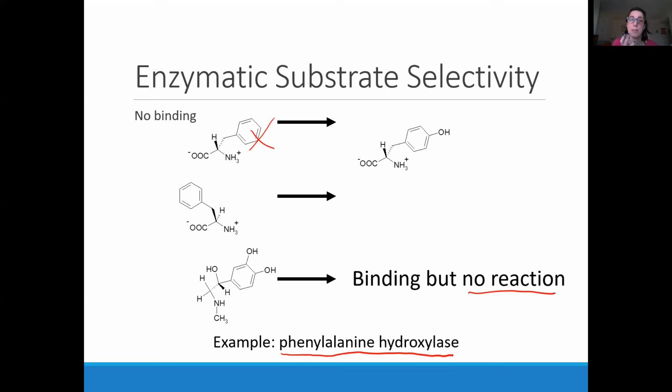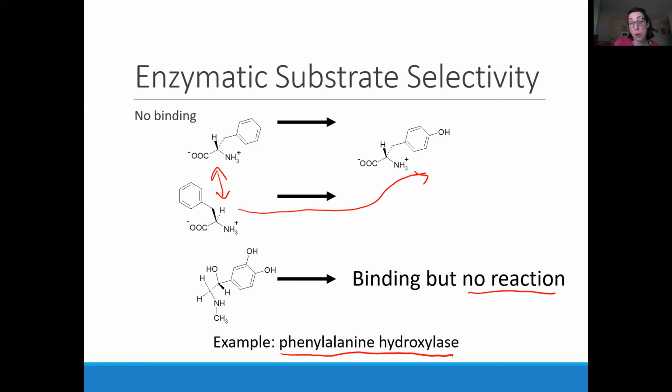But when you do have the very specific actual substrate, you will have binding and reaction and catalysis of the reaction. And I want to note here, so this arrow is a little off, but here we have the binding nature of the enzyme. And if you look at these two molecules right here, they are very similar.